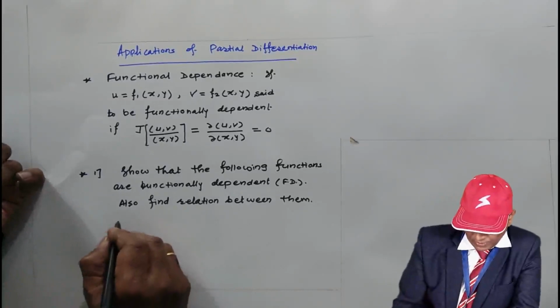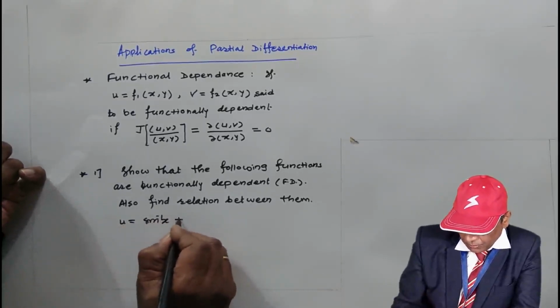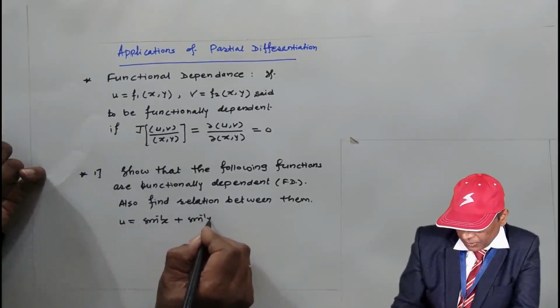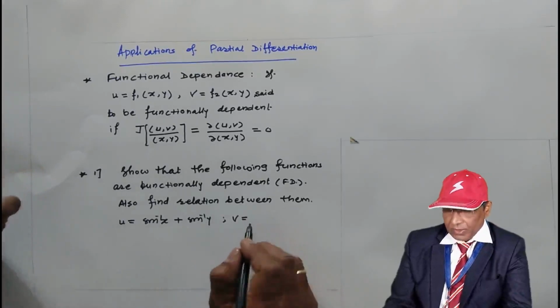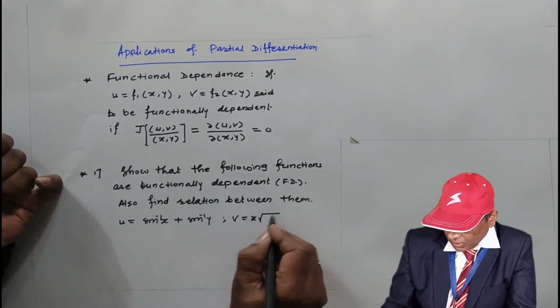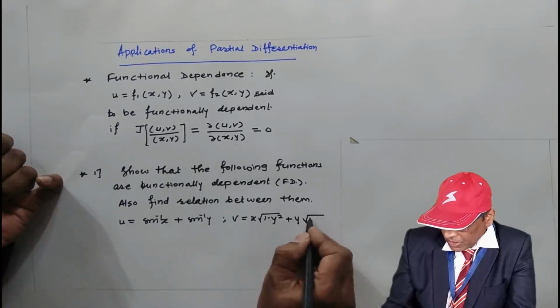The functions are given: u equals sin inverse x plus sin inverse y, and v equals sin x under root 1 minus y square plus y under root 1 minus x square.